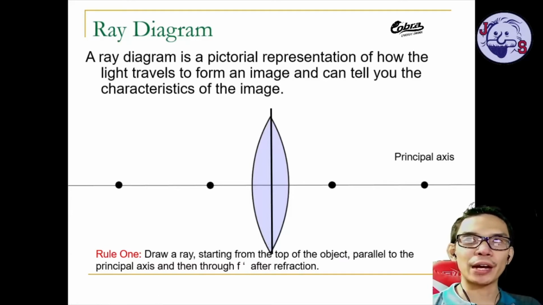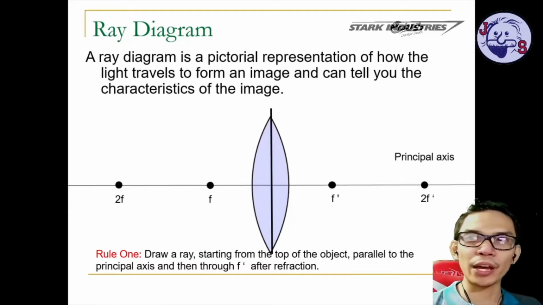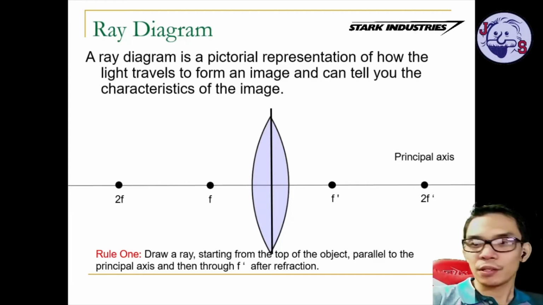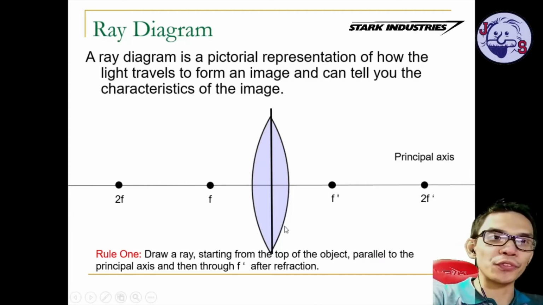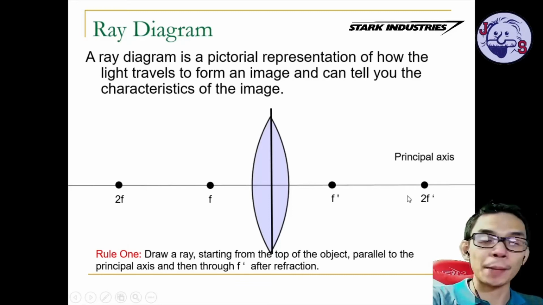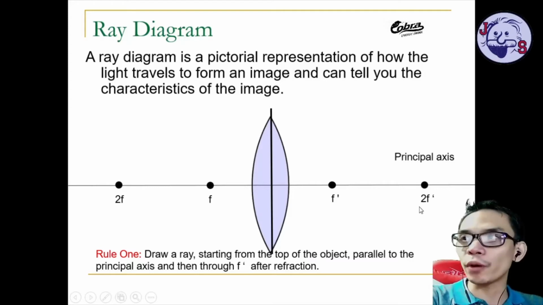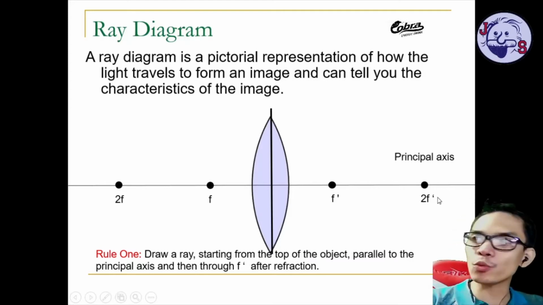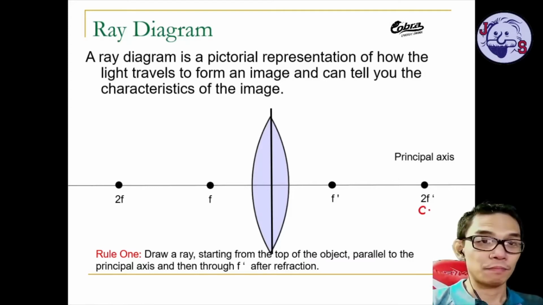And there you have your points, which is the 2F, F, and so for you not to be confused on the F and the 2F on the other side, I put here an apostrophe, which is called F prime and 2F prime.